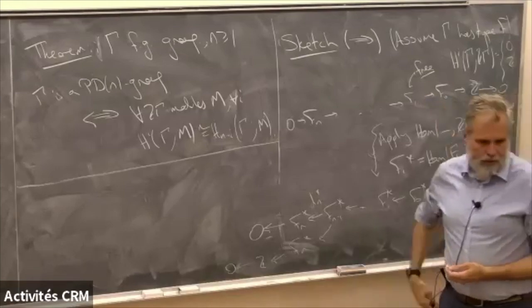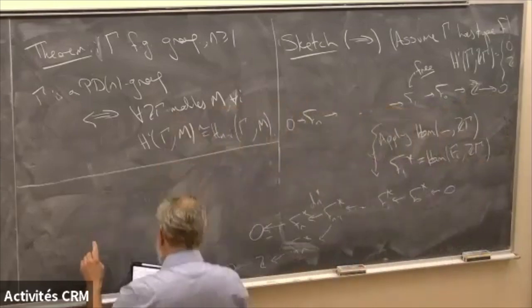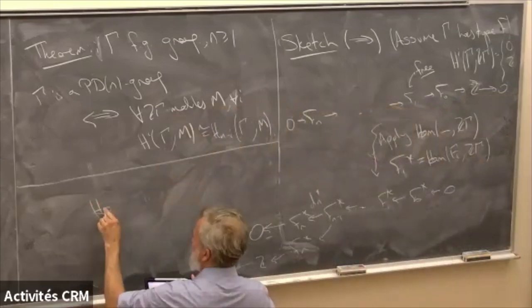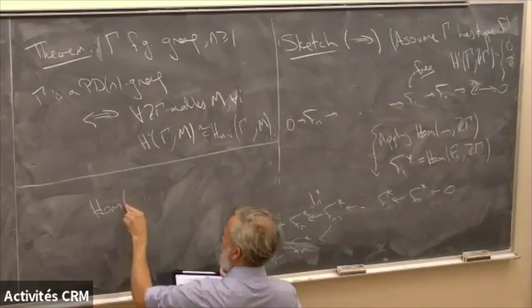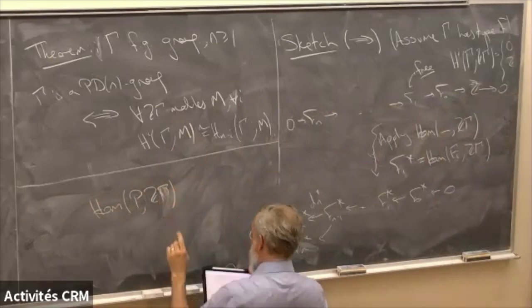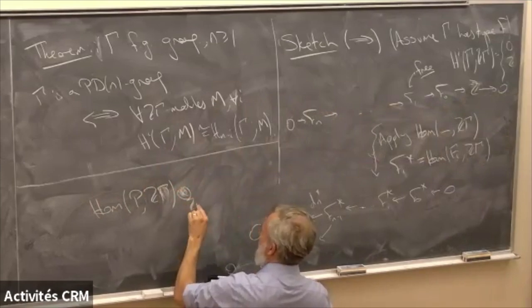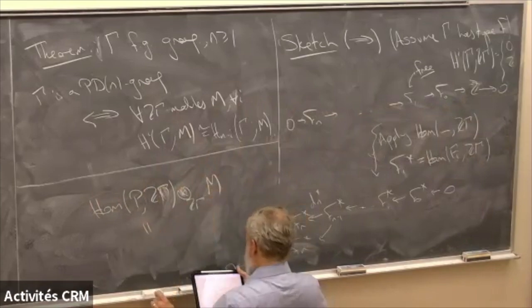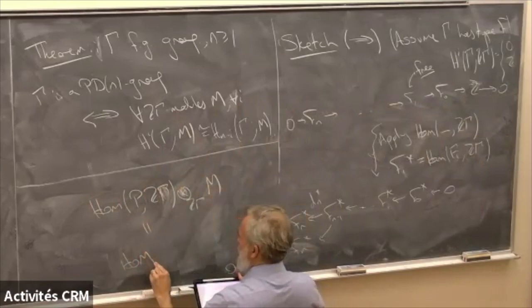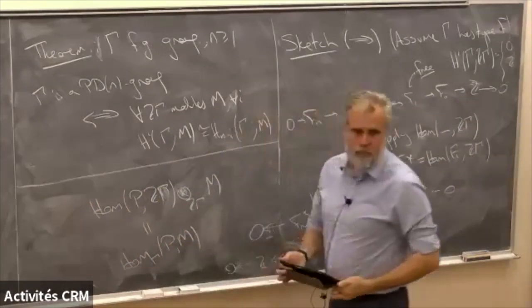Okay. And all you need to notice is that if I take any guy and tensor Hom(-, ZΓ) over ZΓ with M, then that may as well be Hom over Γ of P, M. Okay.